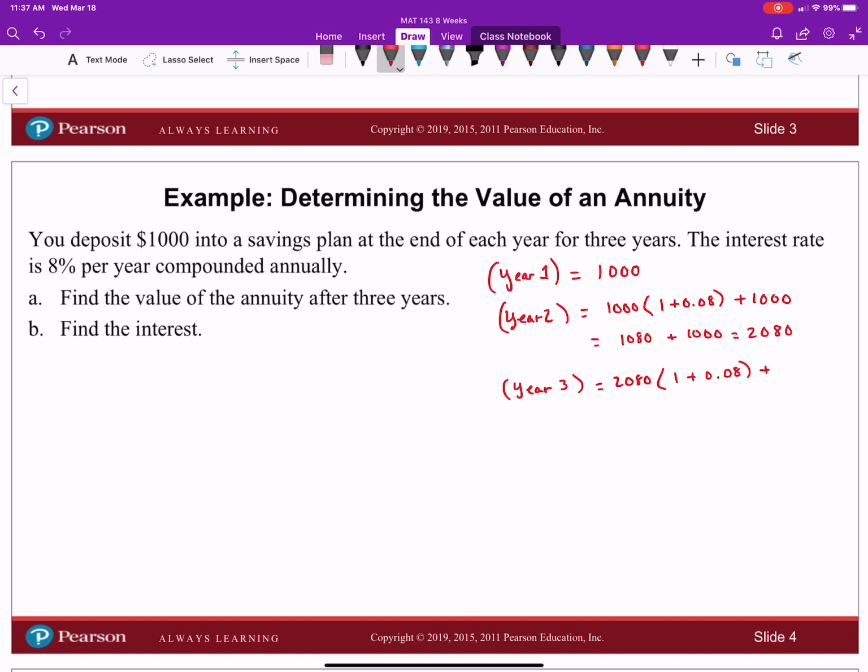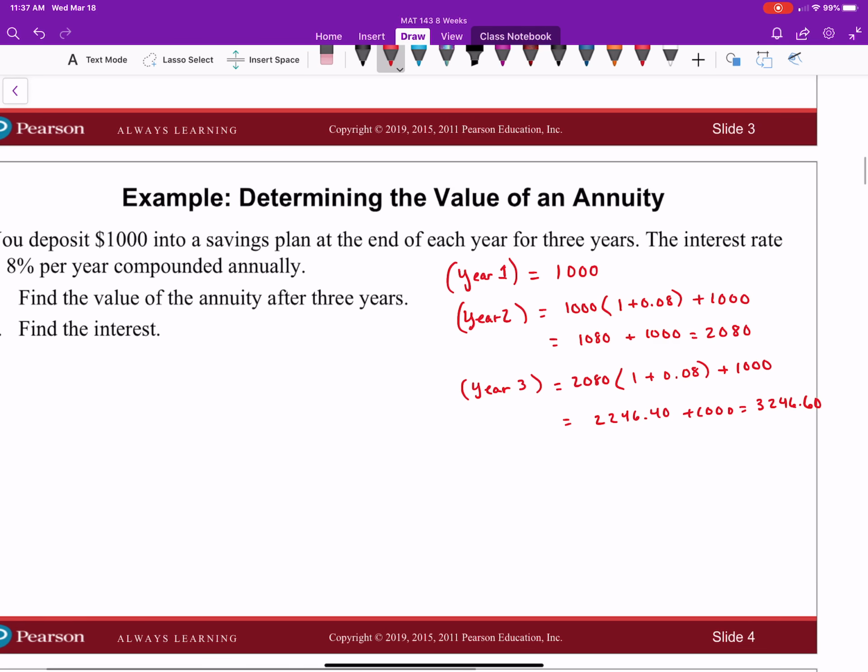Then it's plus that $1,000 we put at the end of the year. So this will equal $2,246.40. Then we add our 1,000 to it, and that'll be $3,246.40.